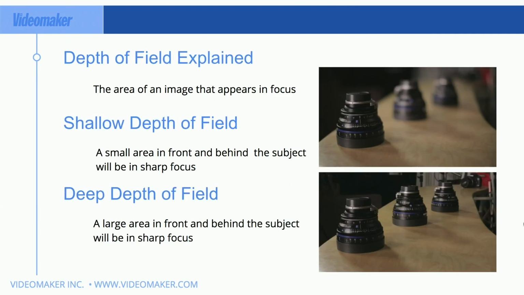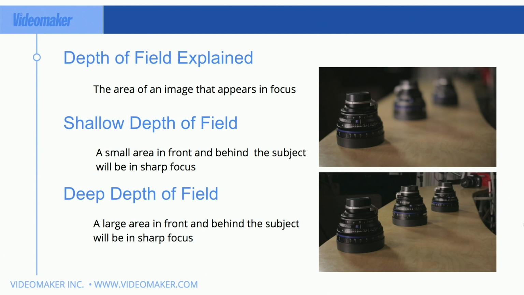Depth of field explained. It's the area of an image that appears in focus. Shallow depth of field is when a small area in front and behind the subject is in sharp focus. This is your focal point. This is you choosing your focal point on a subject, keeping focus on your subject and defocusing everything else.